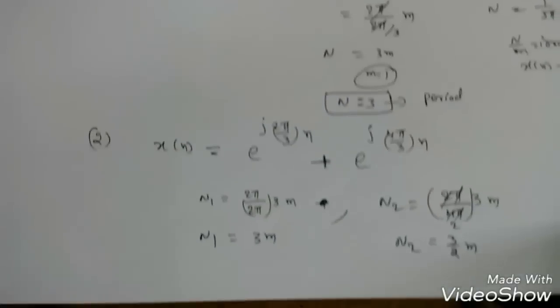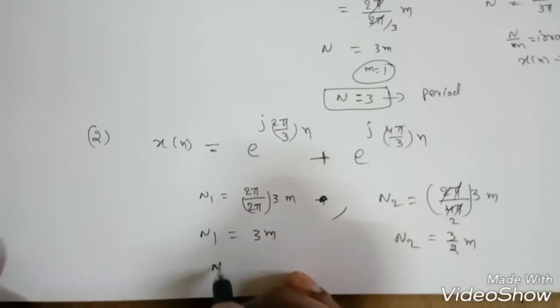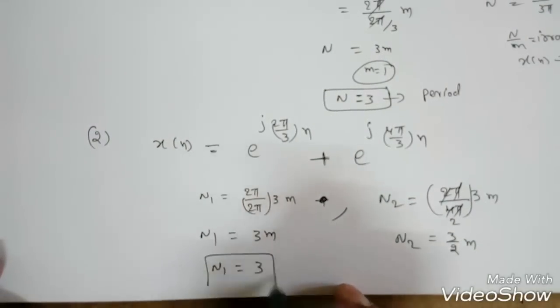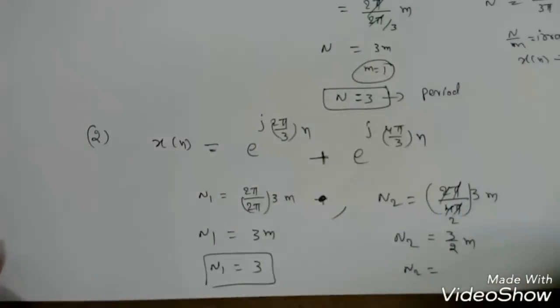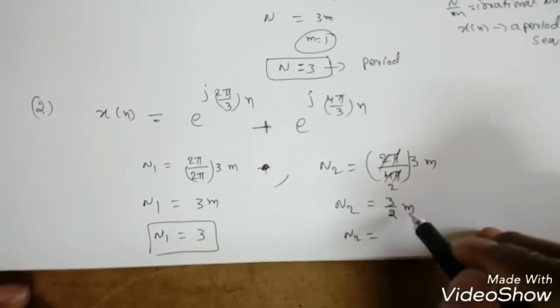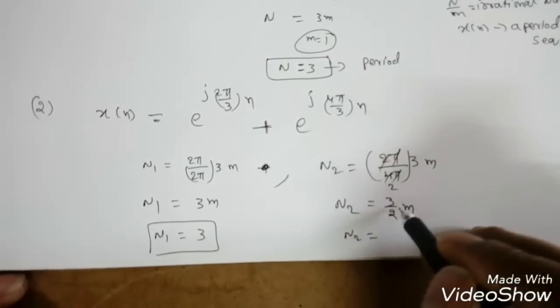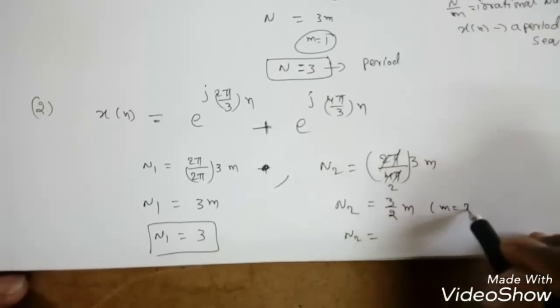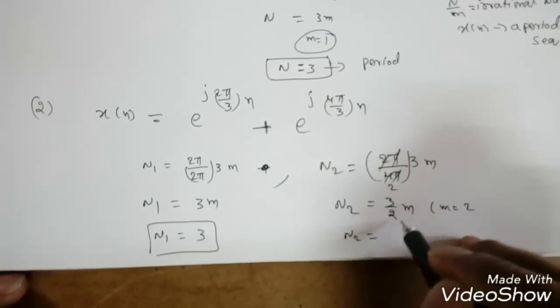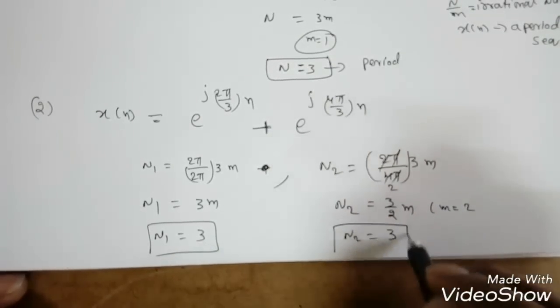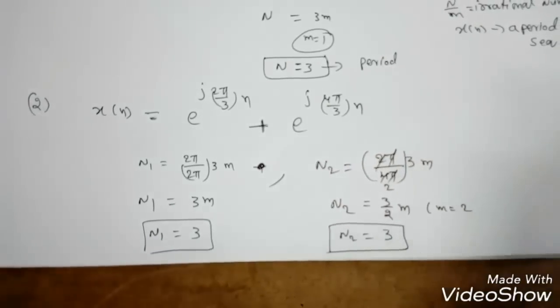Now in this case, the smallest integer to make N1 an integer is m equal to 1, so N1 is 3. Here for N2, what is the smallest integer to make N2 an integer? We need to substitute m equal to 2, so 2 cancel, it will become 3, right?